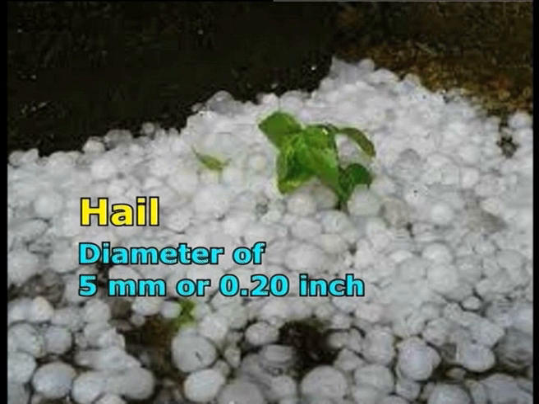Hail has a diameter of 5 millimeters or 0.20 inch or more. Hail is produced when large frozen raindrops, graupel, etc. act as accretion nuclei. In order for a hailstone to form, the accretion nuclei must remain in a cloud for a long time and thus travel a large distance within the cloud.